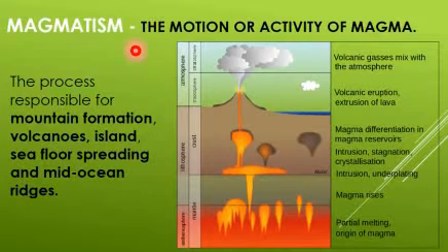So, rocks that are subjected to high temperature and pressure, definitely once mapunta ito sa mantle, syempre napakainit doon, so it will melt and it will become magma. So lahat ng activity nitong magma na to and kung paano ito napupunta sa surface ng earth, that is magmatism.